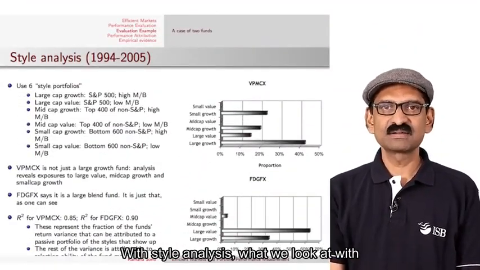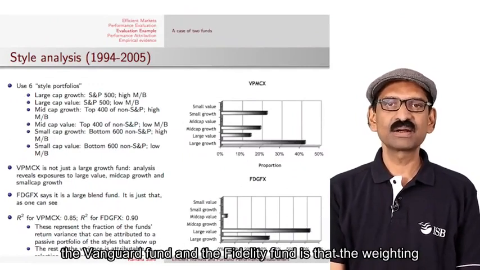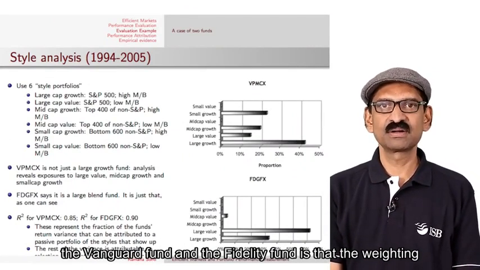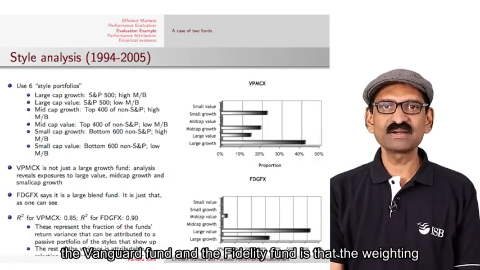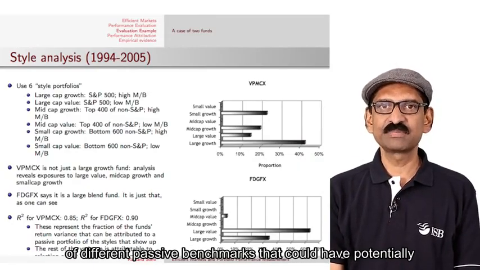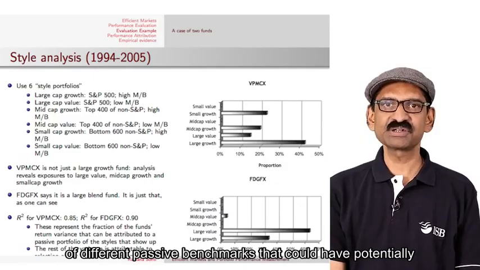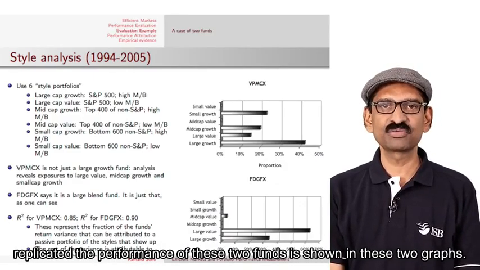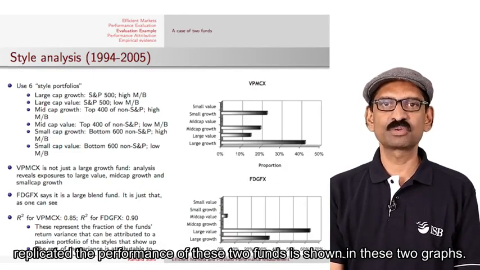So with style analysis, what we look at with the Vanguard fund and the Fidelity fund is that the weighting of different passive benchmarks that could have potentially replicated the performance of these two funds is shown in these two graphs.